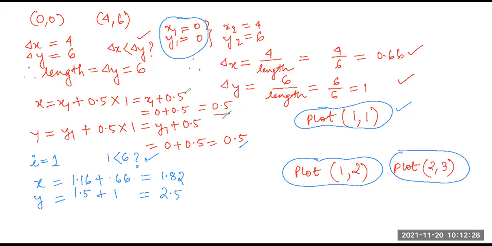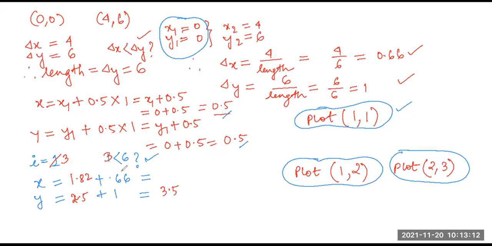Now, since you know the process, tell me what is the value of I? It will be 3. 3 is less than 6? Yes. So what will be the updated value of x and y for the next step? 1.82 plus 0.66, and 2.5. And what will be that value? 2.48 and 3.5.